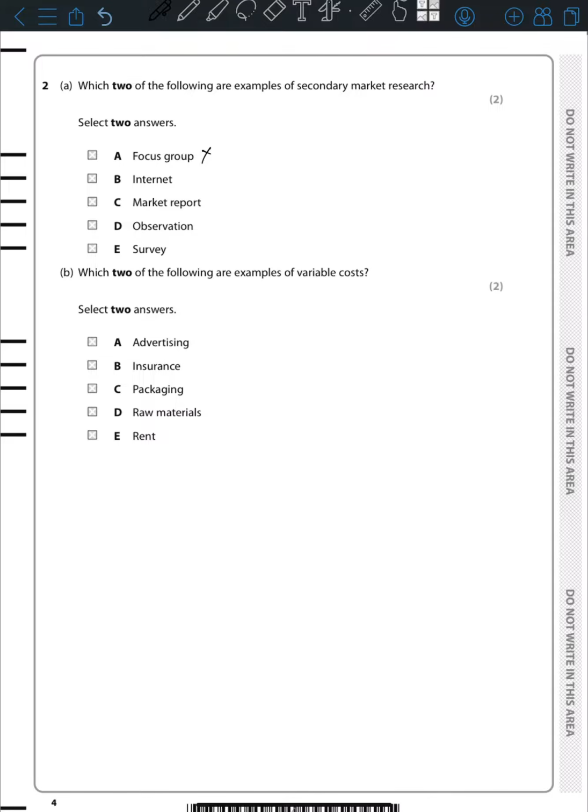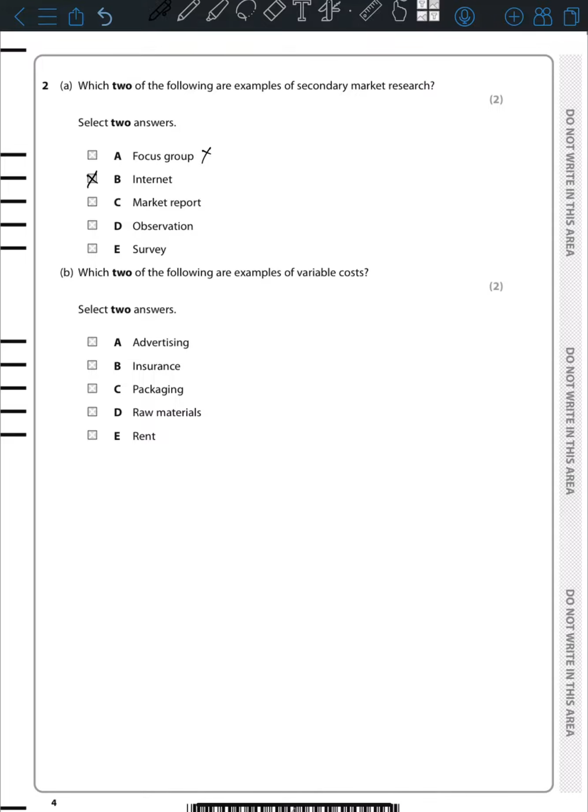So not this. Internet does seem like one of the correct answers. Why? Because the internet already has lots of data in it. We can go on to Google and search for stuff, and there are going to be hundreds of results about research that has been done before, about stuff that we don't know or are trying to search for. So internet is secondary market research because data is already present and we are building upon it.